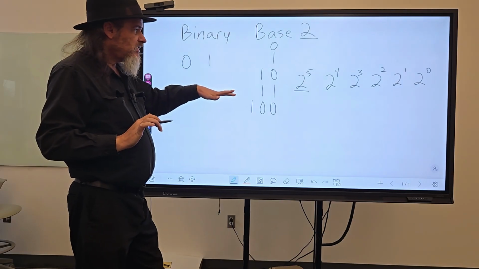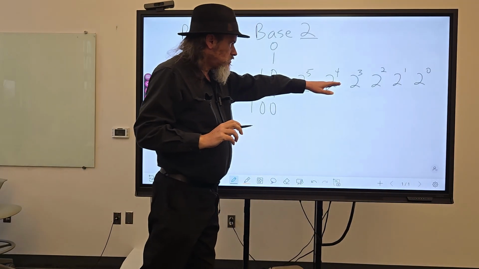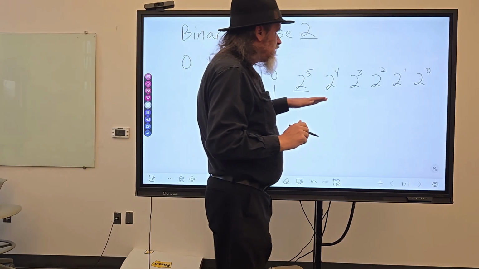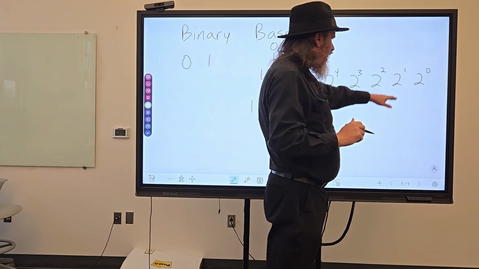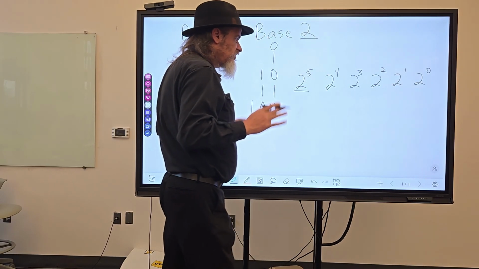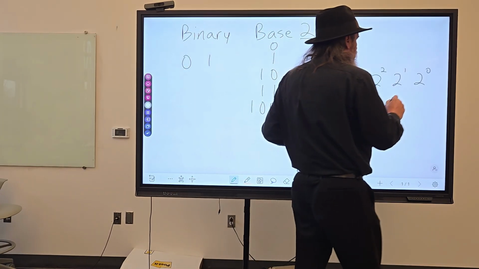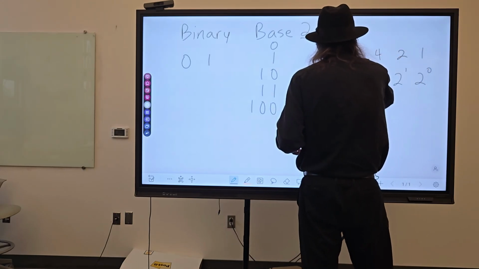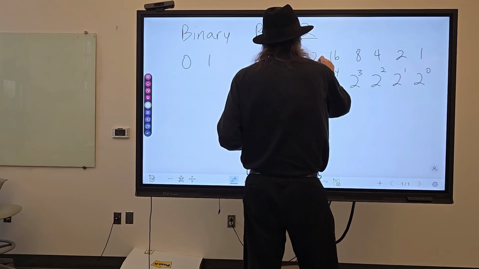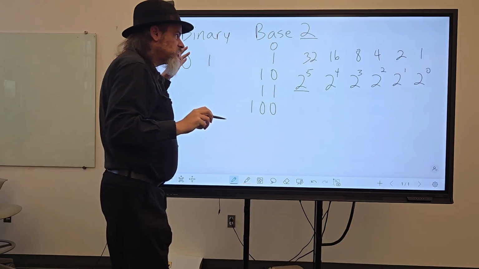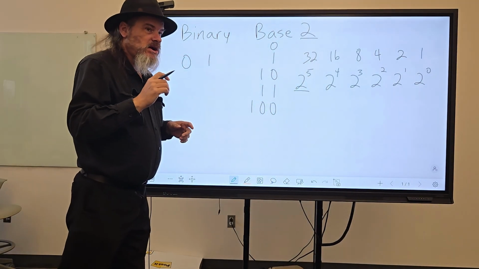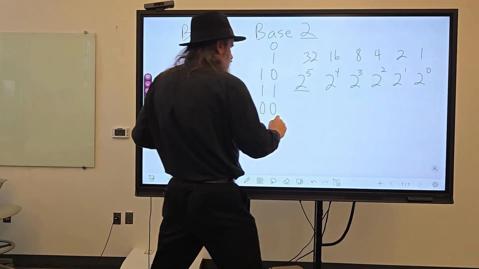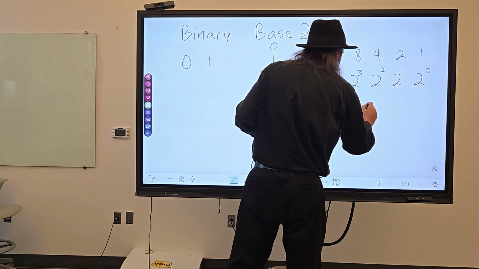And the values of each column, each digit, are multiplied by the power of 2 for that position. Those powers of 2 are 1, 2, 4, 8, 16, 32, etc. Keep on going.